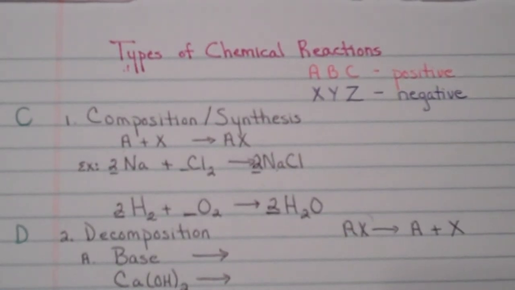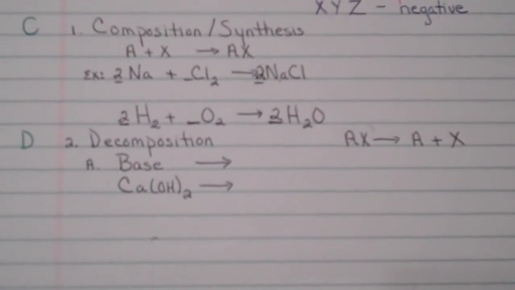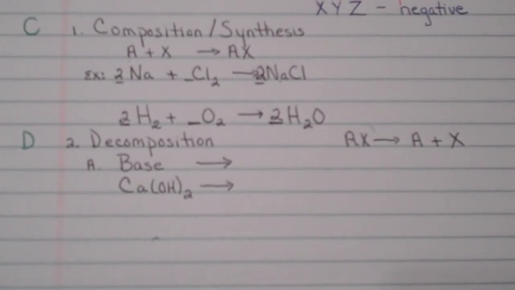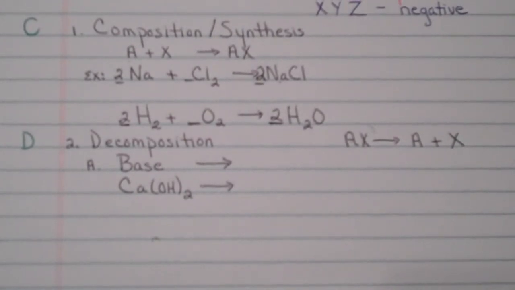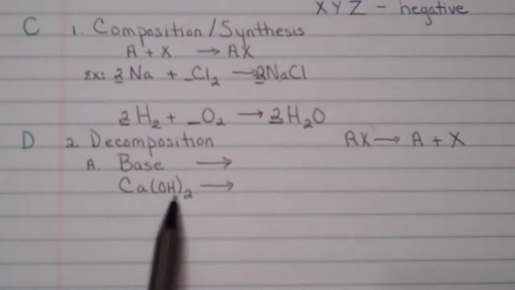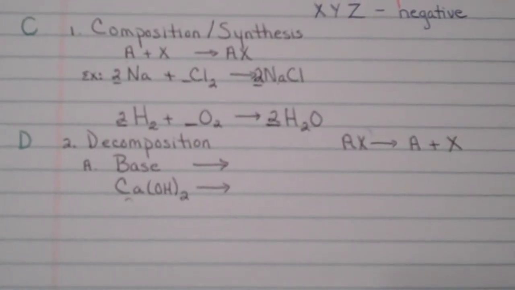And so there are probably 4 good examples of decomposition reactions, but let's focus on 2 that will become more important in later parts of the curriculum. All right, let's look at a base. A base, as we already know, is going to have hydroxide as part of the formula. That's our definition at this point.